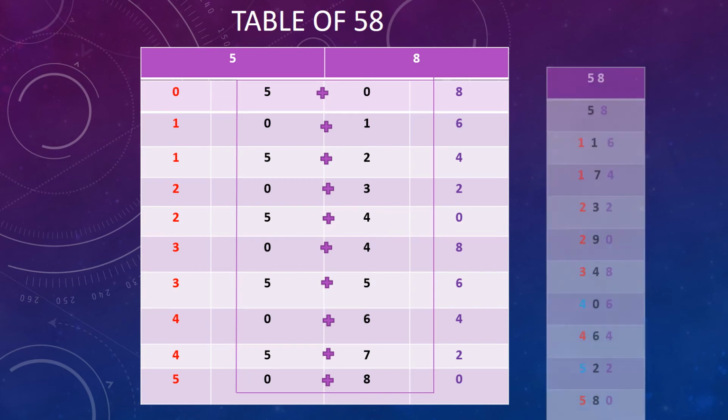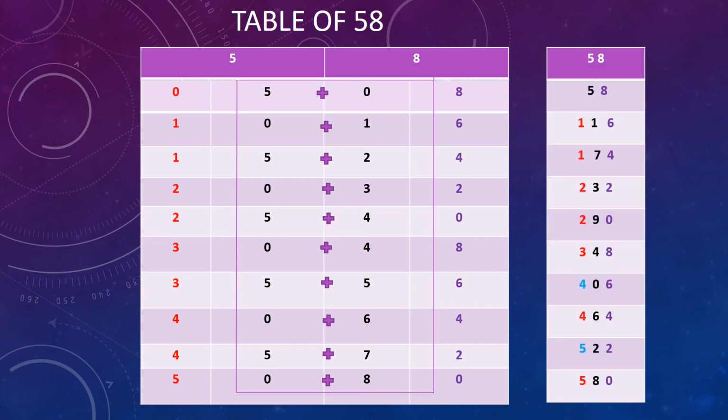So you can see that I changed the color of 406 and 522. Why I changed the color, I am going to explain. In this line you can see I didn't write 3 here, but I wrote 4 here, because when you add the digits 5 plus 5, the answer is 10. So how can you write this?